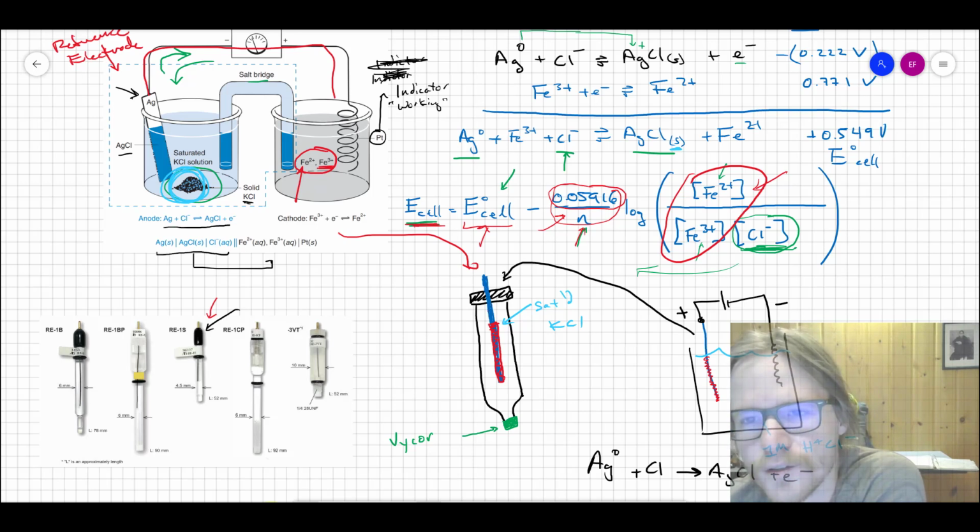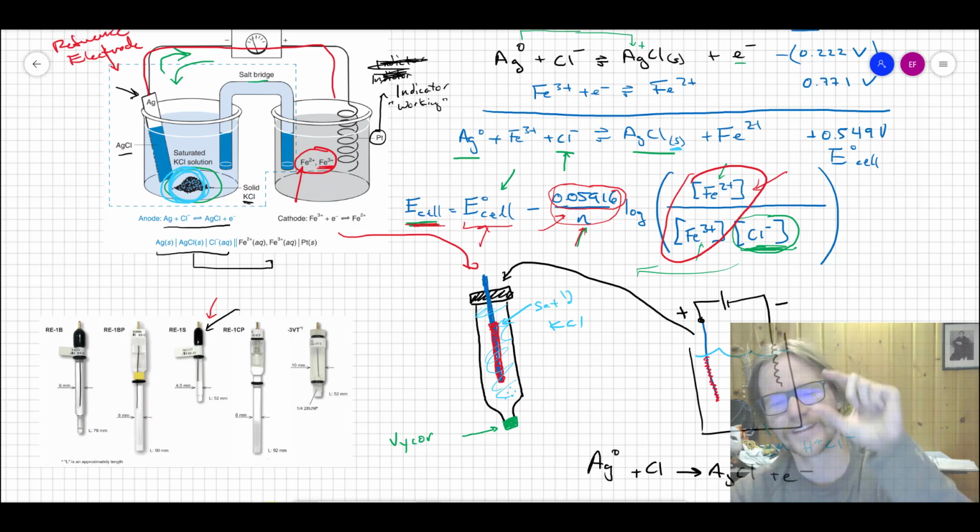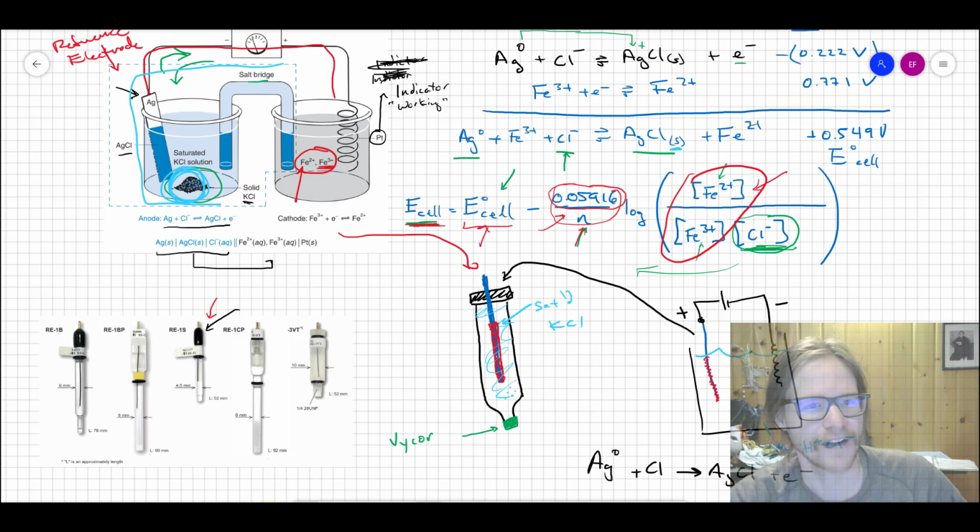Well, you just make a saturated solution by dissolving as much KCl as you possibly can, even heating it up if you need to. Once you get it saturated, you add a couple extra grains in for good measure. That's what I like to do, and then I fill this up all the way up. And in this tiny little encapsulated cell, you have this entire half reaction.